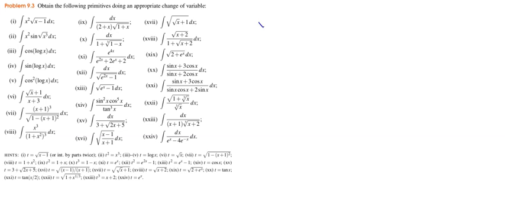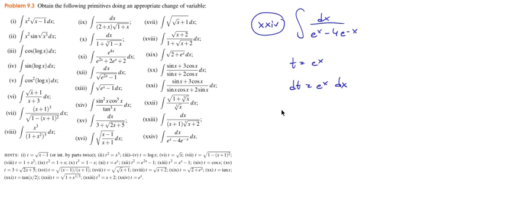And then we have 24 over e to the x minus 4 e to the minus x. Okay, and then here what we want is obviously t is e to the x, so dt is e to the x dx, or in other words, dt divided by t is dx.